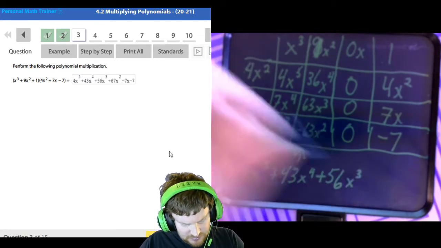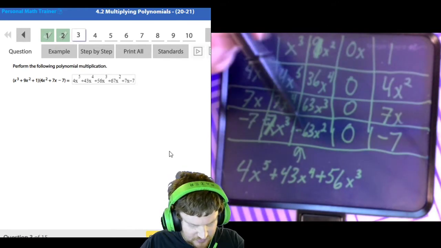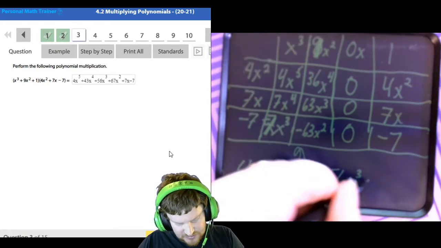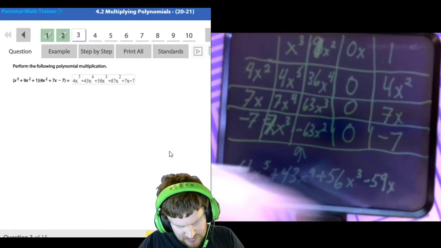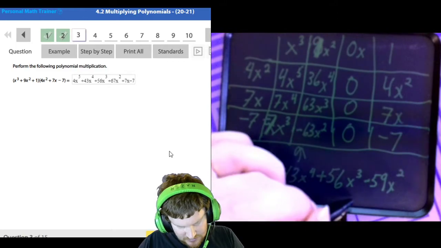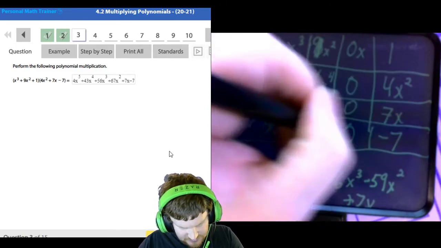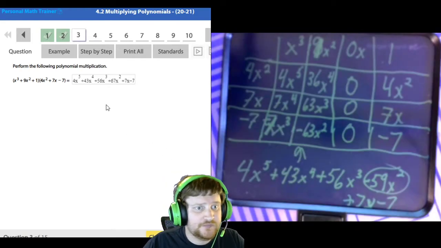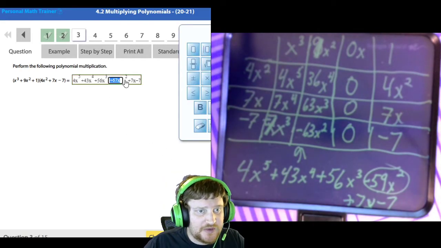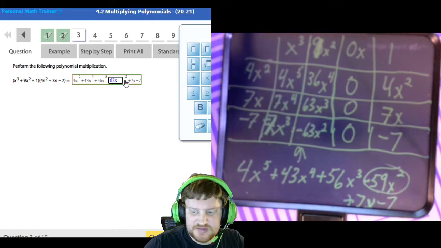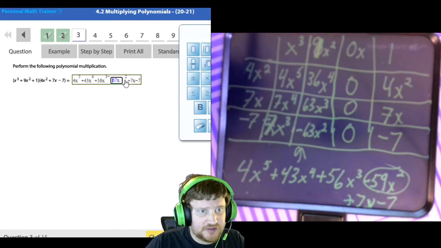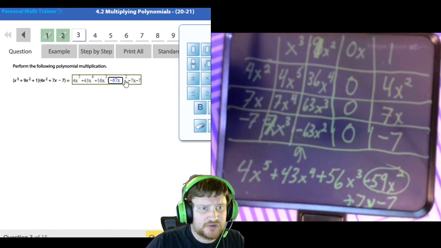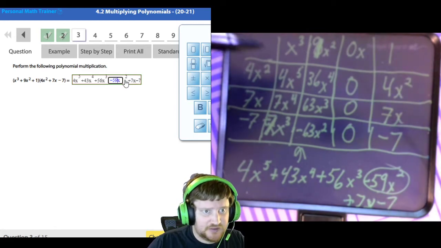X cubed. My x squared diagonal is negative 63 plus 4, which is actually negative 59 x squared. Then I've got my plus 7x on this diagonal minus 7. So that was my mistake right there. So I made two mistakes, both of them basic arithmetic. So it's minus, and instead of 67, it's 59.